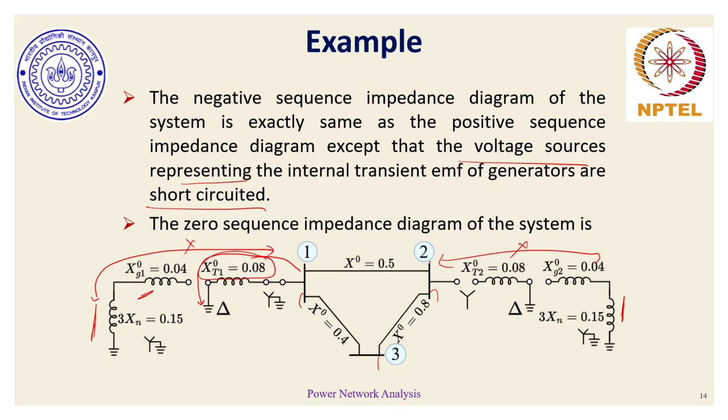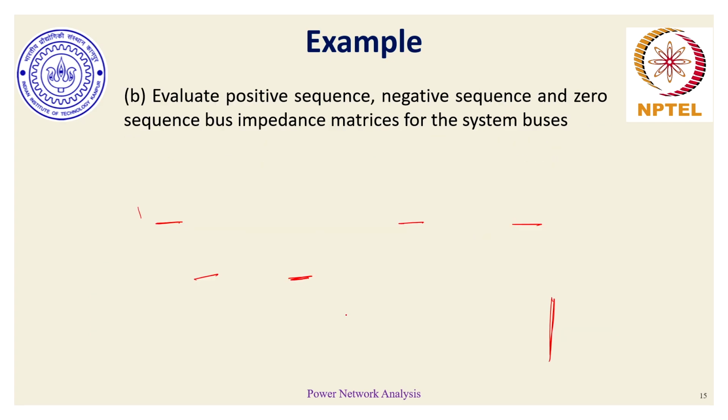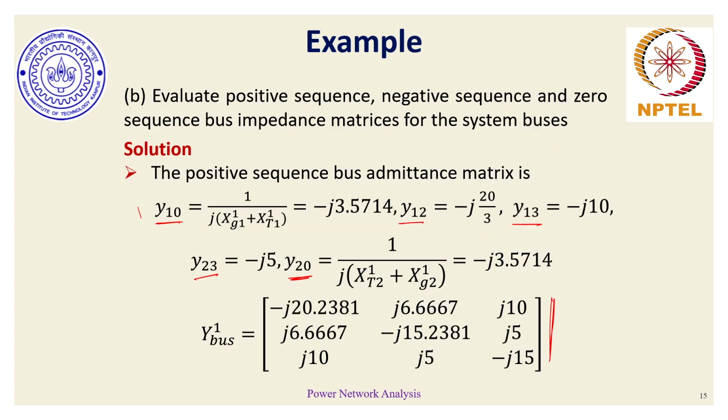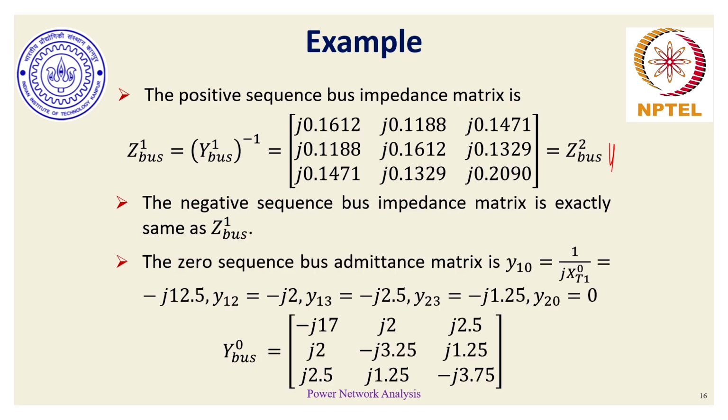Whereas if we look at Y20, the Y2 part is left hanging with respect to neutral, so Y20 won't exist. For bus 3, there is no information given, the load is considered to be unloaded. So only the Y10 term would come in, and additionally we will have Y12, Y23 and Y13 while evaluating the zero sequence impedance matrix for the given network. That's the reason why only Y10 is given, whereas the others are line parameters.